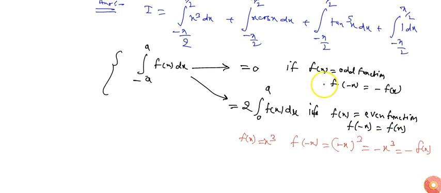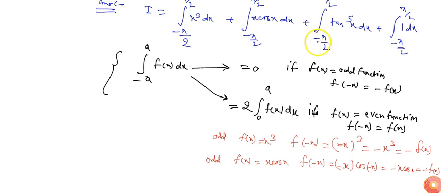So this is an odd function. Let's take f(x) equals x cos x. f(minus x) will be minus x cos(minus x), which is minus x cos x, or I can say minus f(x). So this is also an odd function.